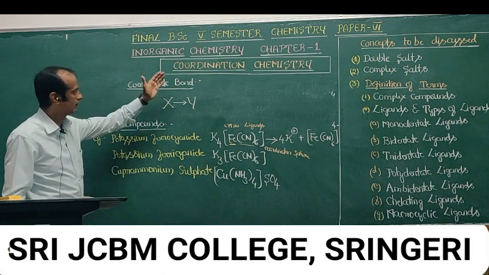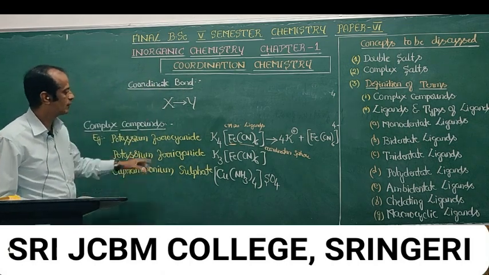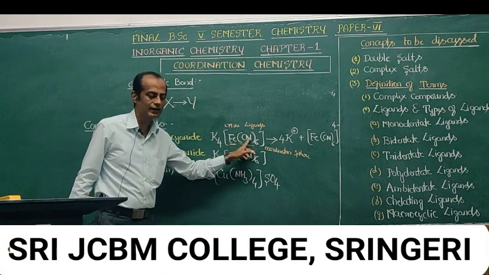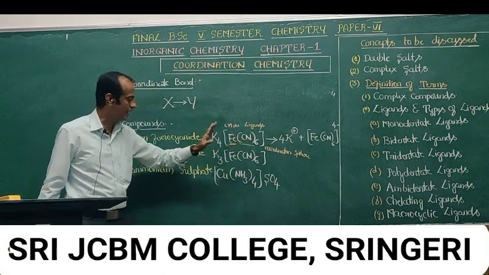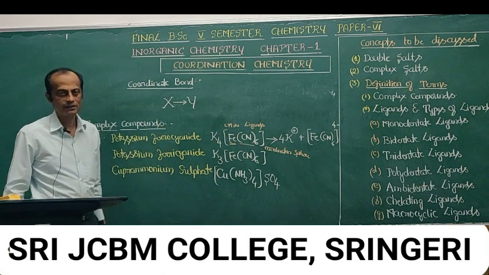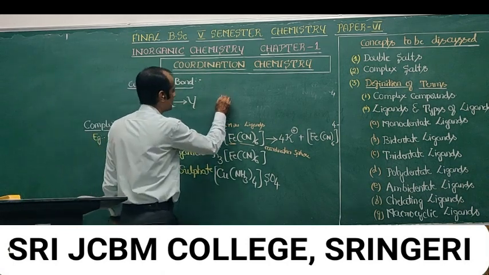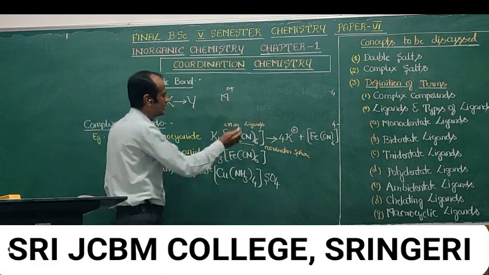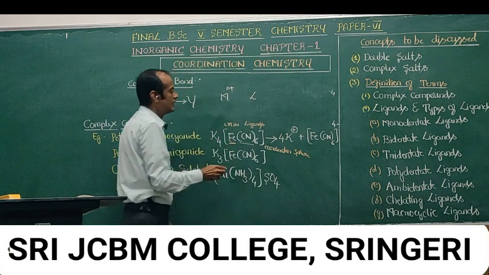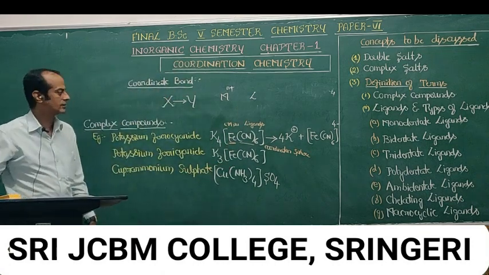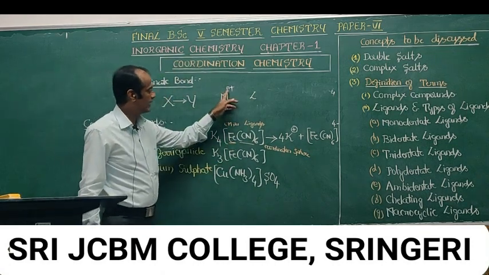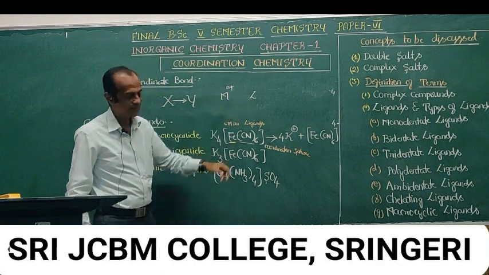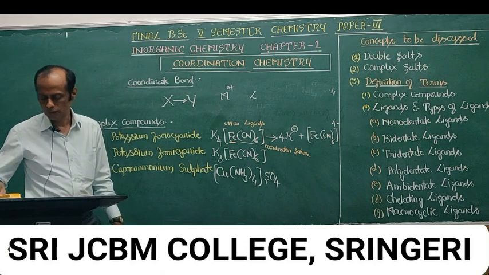So in a coordinate bond, one of the bonded atoms donates both the electrons required for the bond formation. In case of complex compounds or coordination compounds, this type of coordinate bond exists between the central metal ion and the ligands. If we consider a complex compound, let us take the central metal ion as M n+ and the ligands as L. During the formation of a complex compound, the central metal ion or atom acts as the electron pair acceptor and the ligand acts as the electron pair donor.